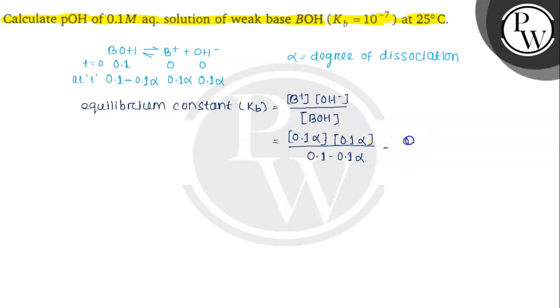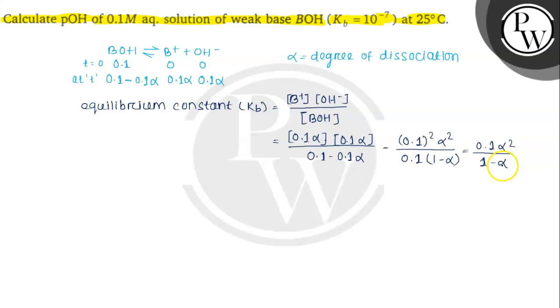So it will be equal to 0.1 squared into alpha squared divided by 0.1 into 1 minus alpha. So it will cancel out and it becomes 0.1 alpha squared divided by 1 minus alpha.